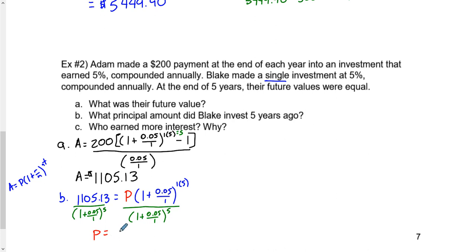He would have had to invest $865.90 in order to get the same amount that Adam did.